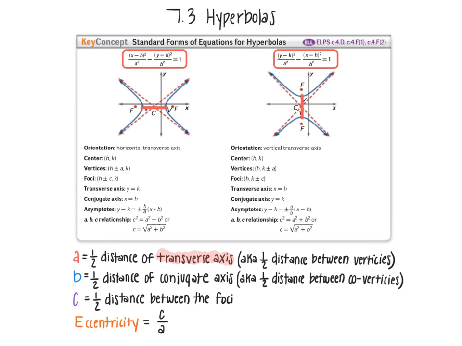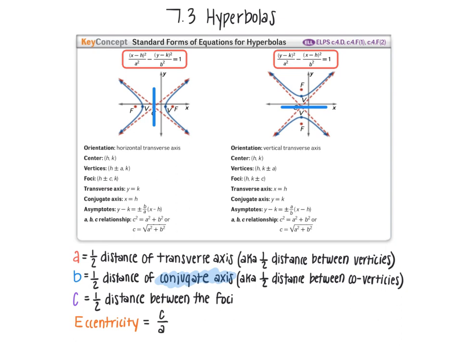The next new piece of information is your conjugate axis, which is the distance between your covertices. Those aren't graphed, so you can't always see the conjugate axis, but sometimes they might give it to you when you're solving a problem.